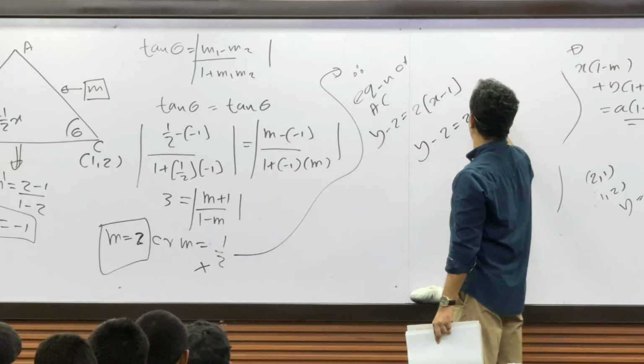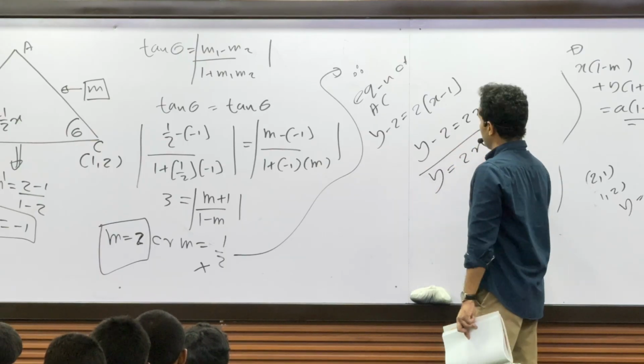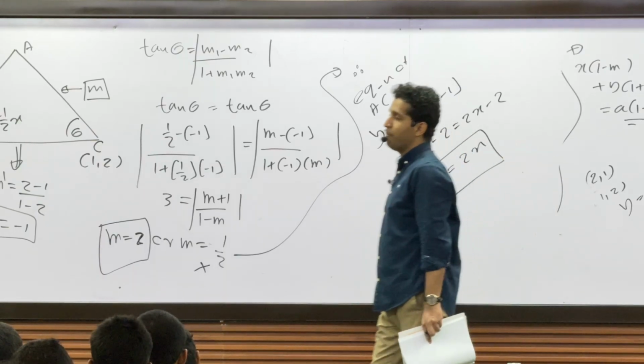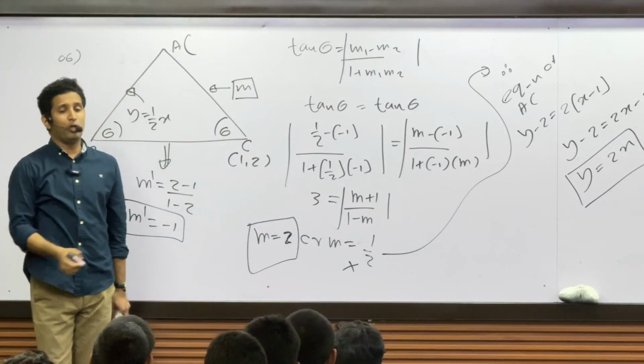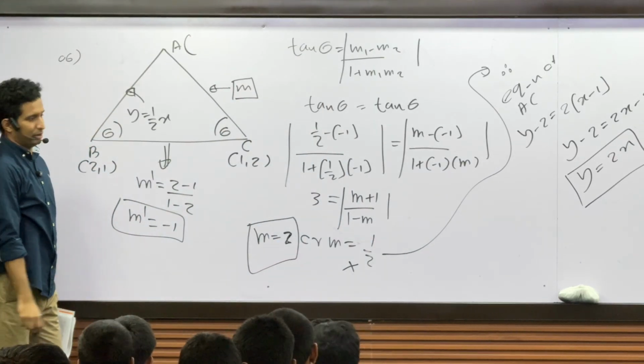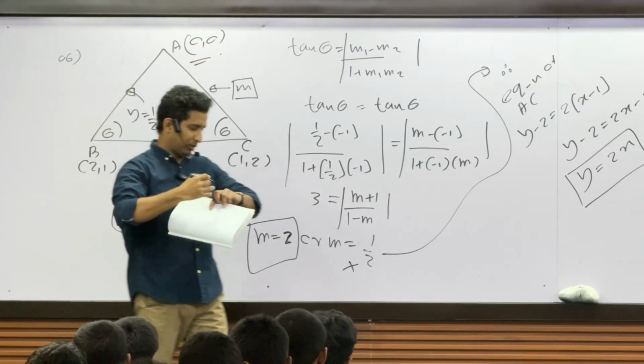Y minus 2 equals 2x minus 2. The 2s cancel, so y equals 2x. This equation is in the form y equals mx. Can anyone tell what A is? It is (0, 0), the origin.